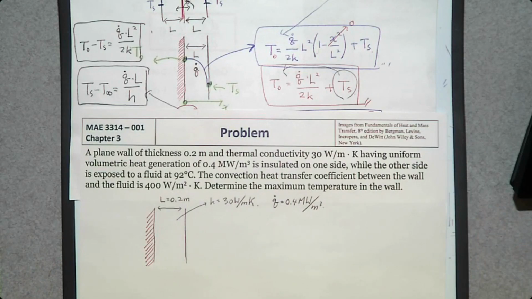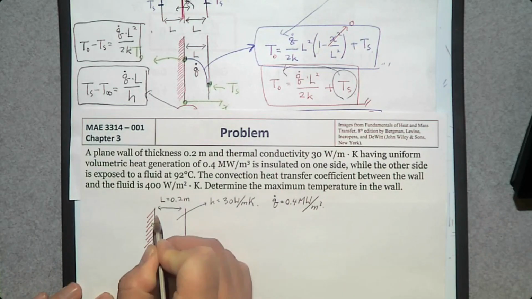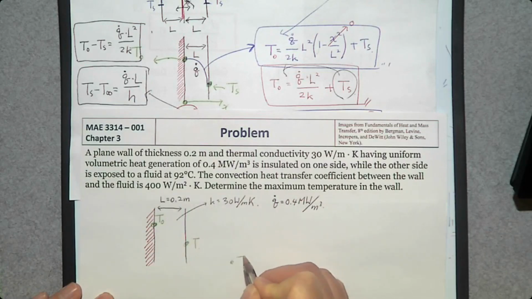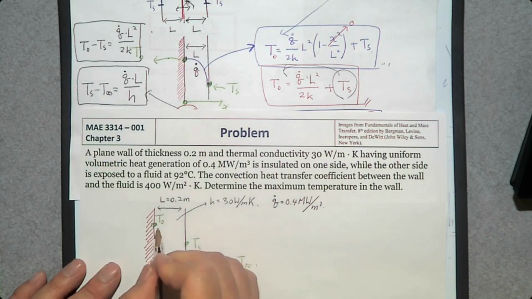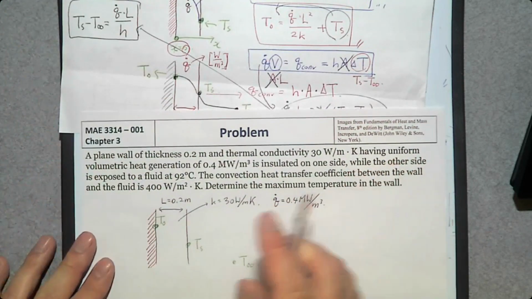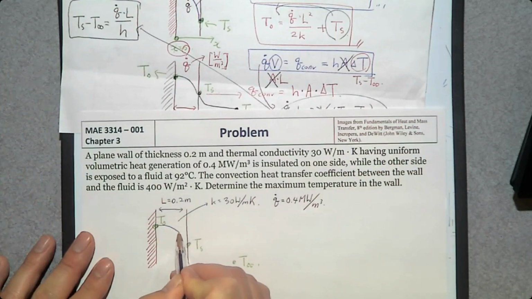When you have a plane wall with heat generation and one side is insulated, the insulated surface has the maximum temperature. So this point is going to be T0, and we have a Ts, and there's a convection outside. So this is going to be T infinite. According to what we learned from the previous example, the temperature distribution is going to look like this.